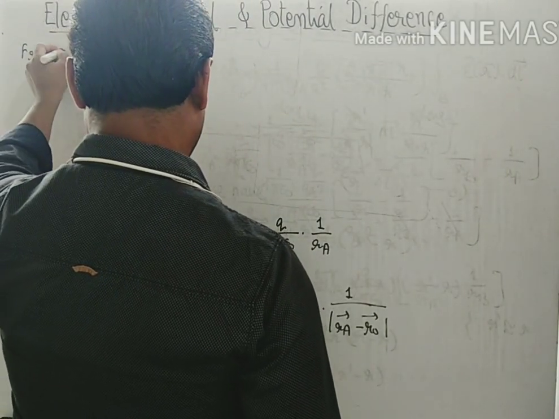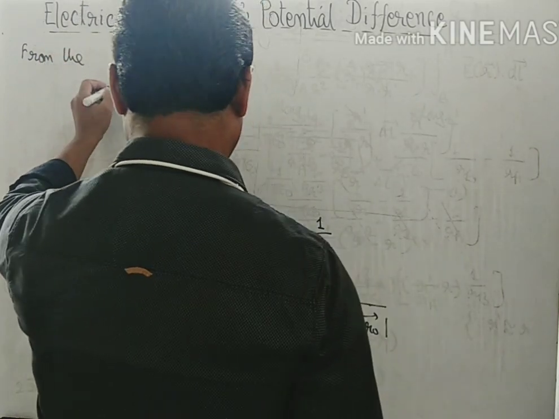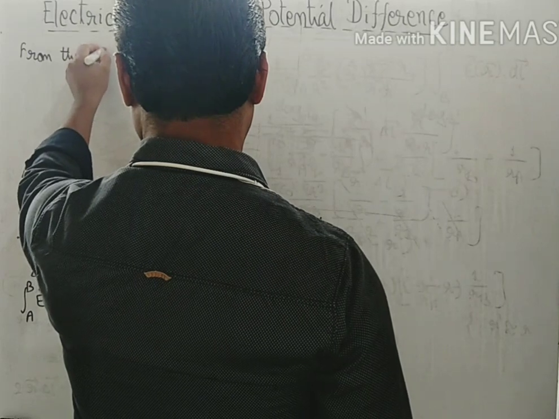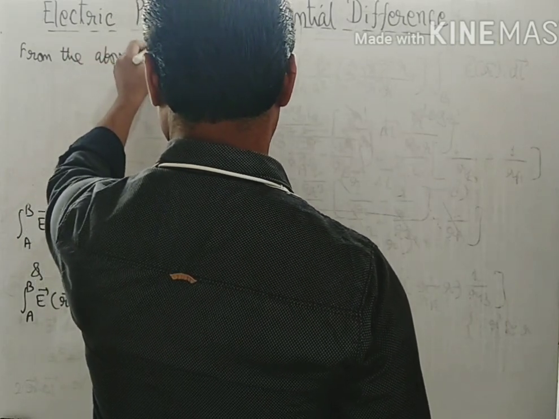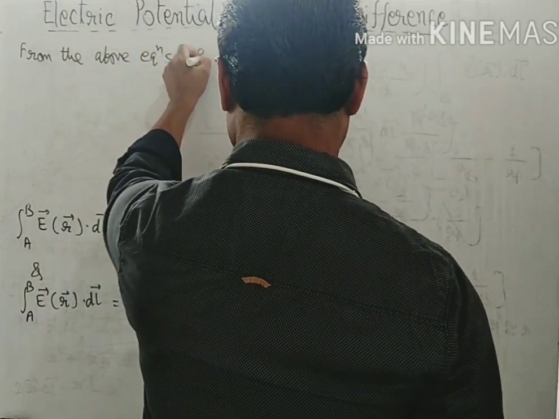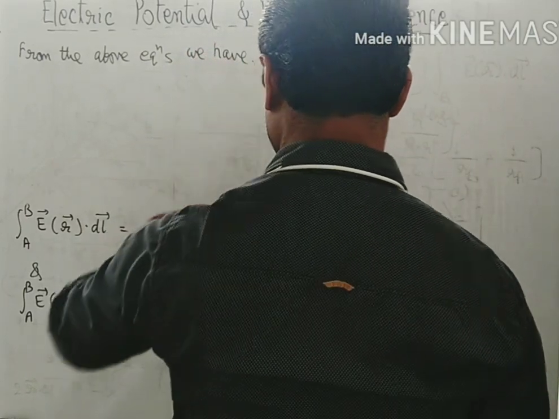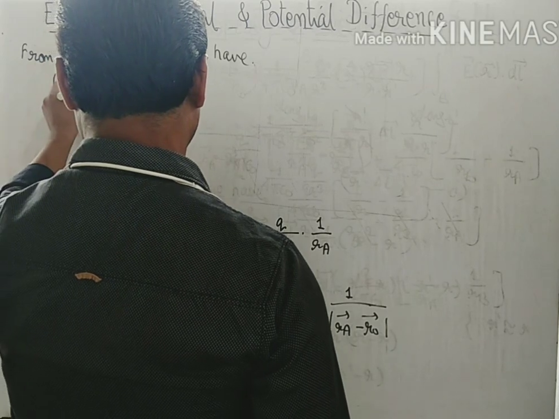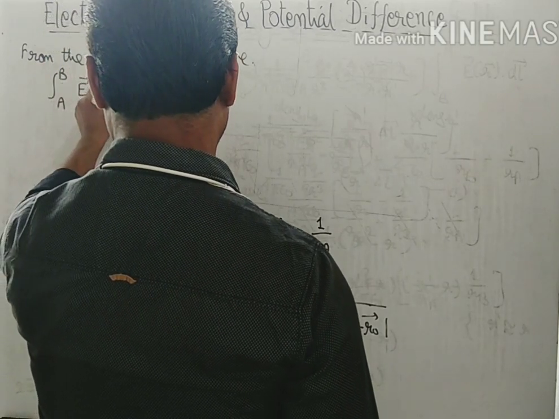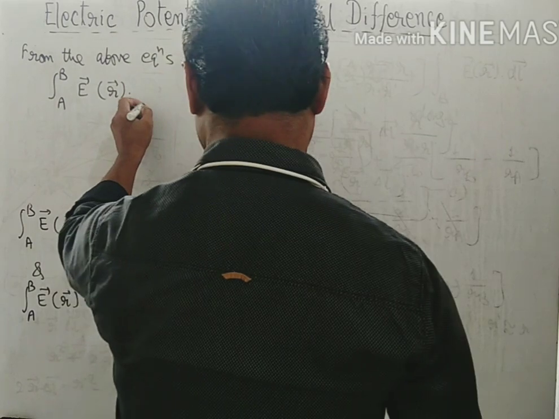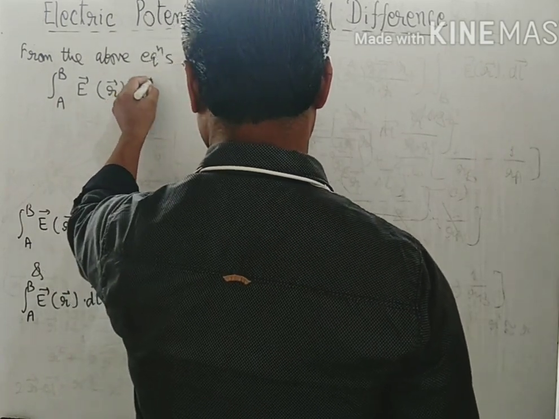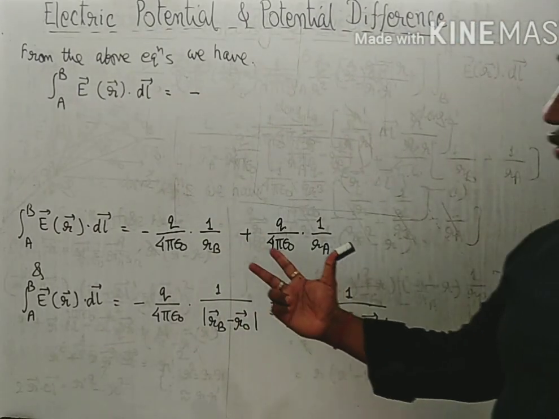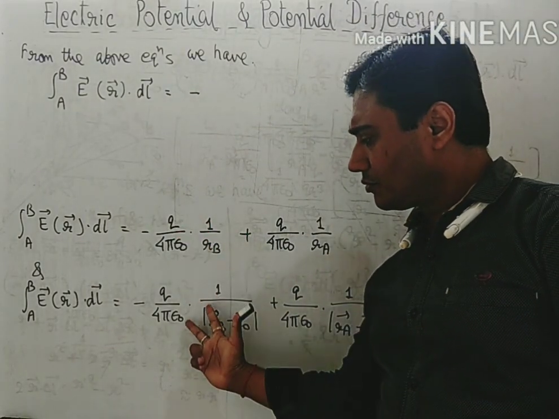From the above equations we have the integral from A to B of the electrostatic field as a function of position vector r dot dl, which equals minus, and try to identify this term.